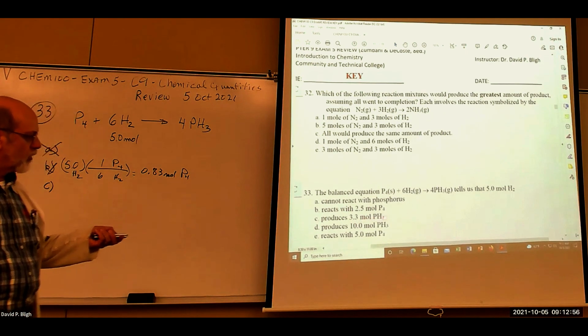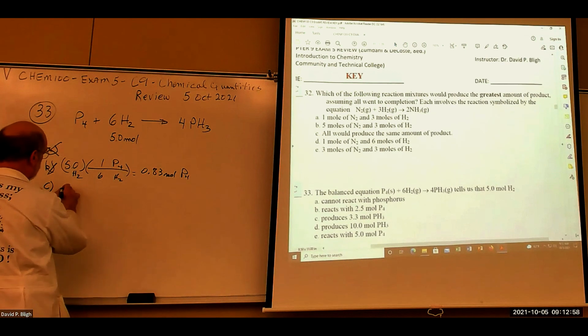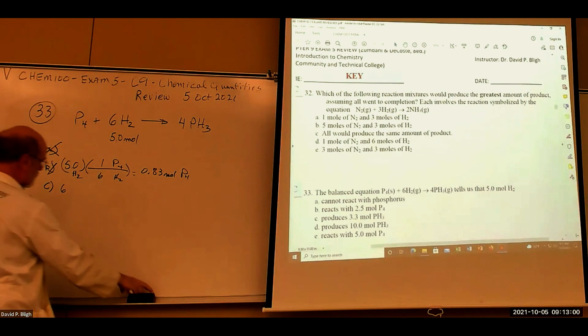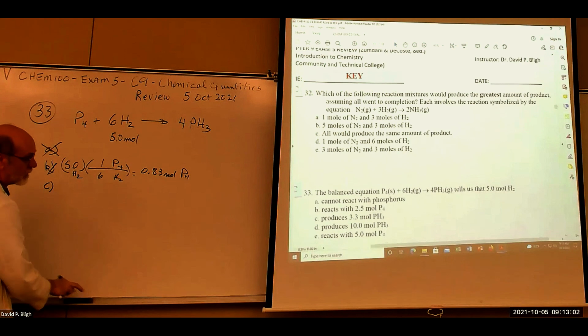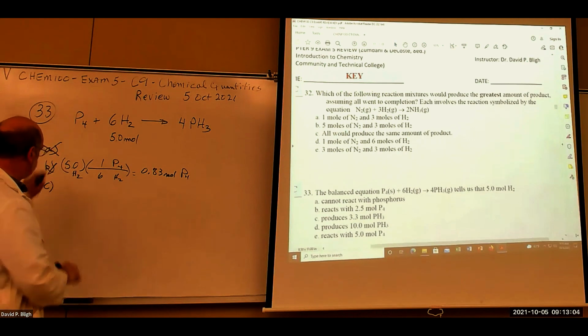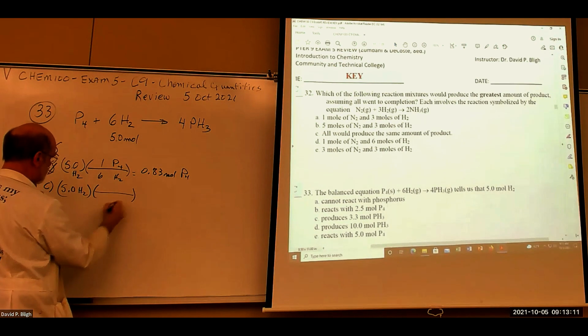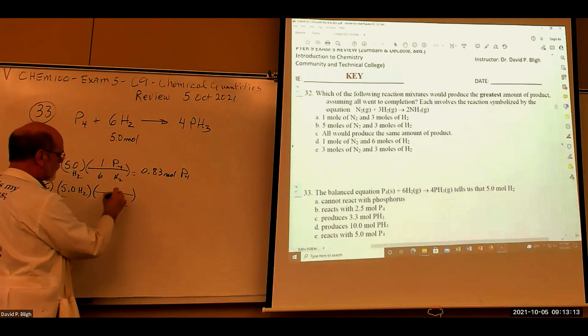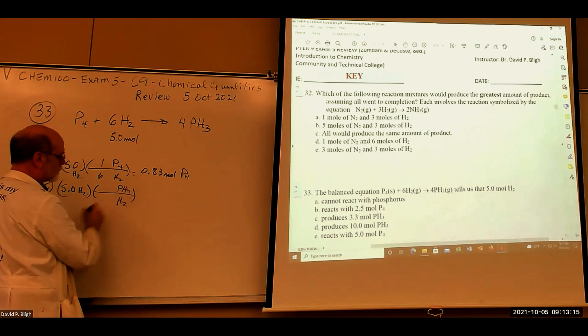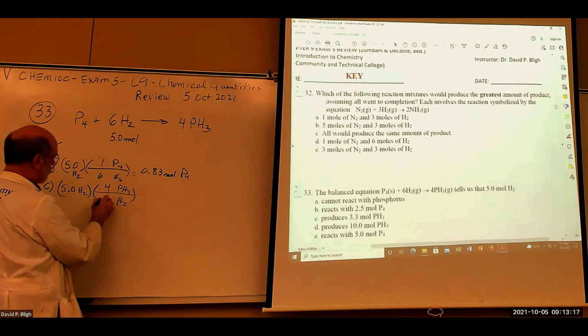How about C? Produces 3.3 moles of PH3. So if we have 6, we still have 5 moles of hydrogen. How many PH3 moles were produced? We have 4 here and 6 there.